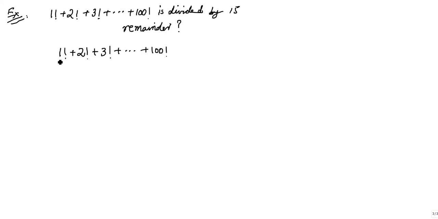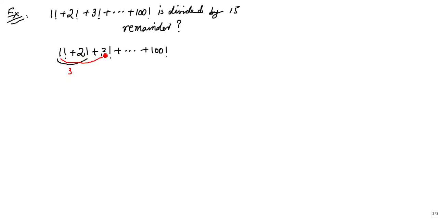If you look at the sum of the first two numbers, it is 3, which is less than 15. So, look at the sum of the first 3.